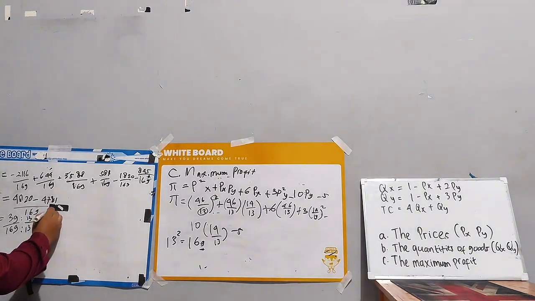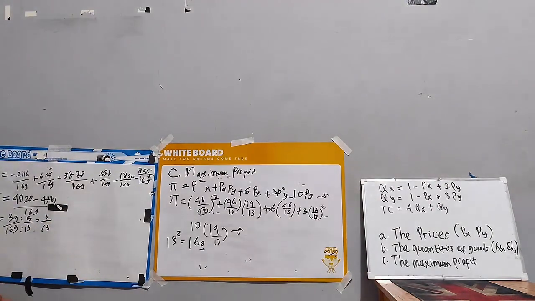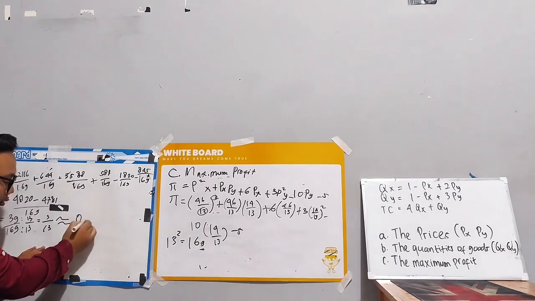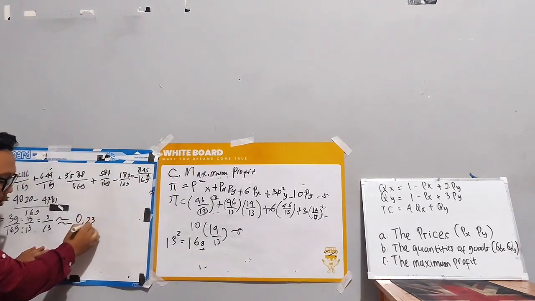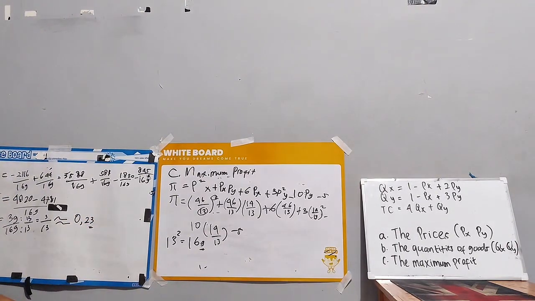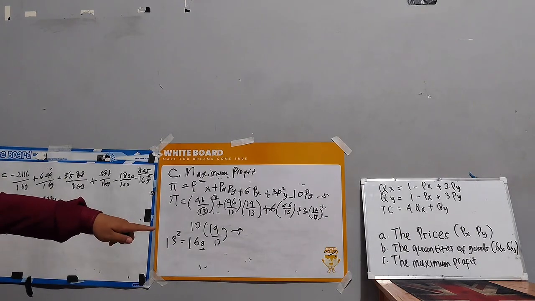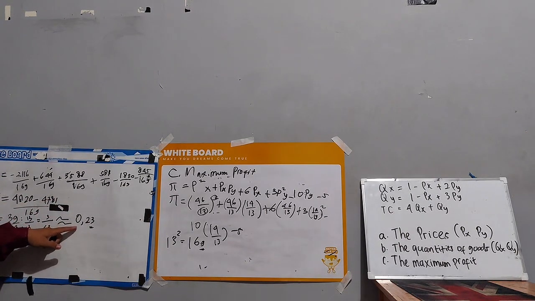The answer is 3 over 13. In decimal, the answer is 0.23. That's the answer to C. The maximum profit is 0.23.